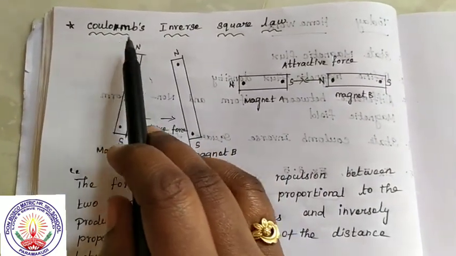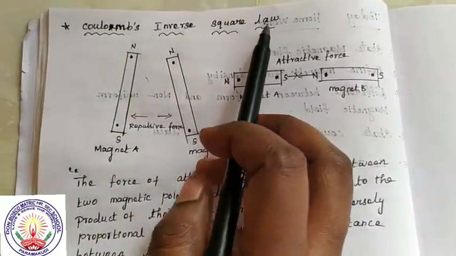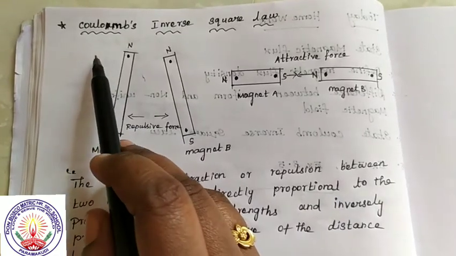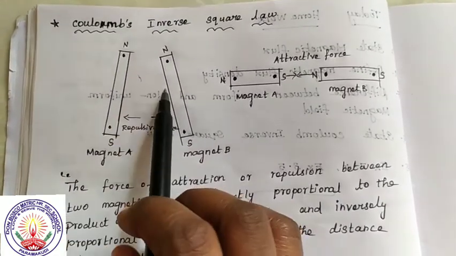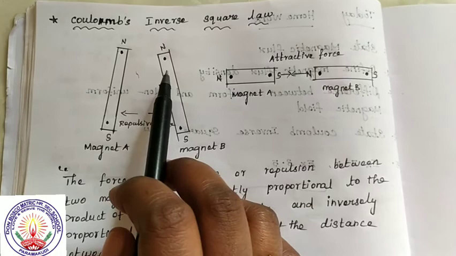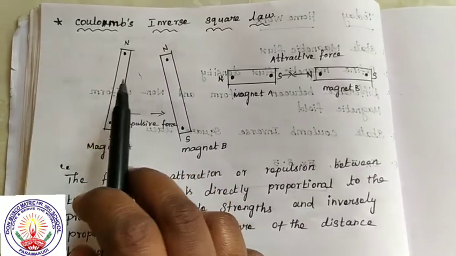Next topic, Coulomb's inverse square law. This is an important 3-mark question. Look at this diagram. Let us consider 2 bar magnets.